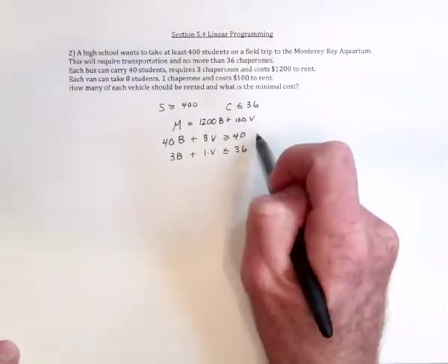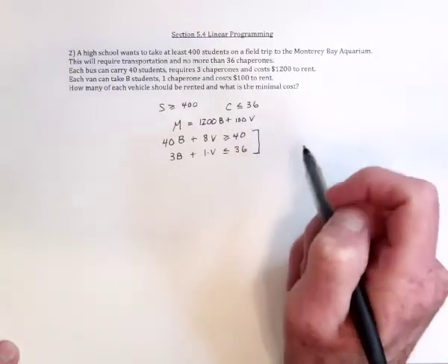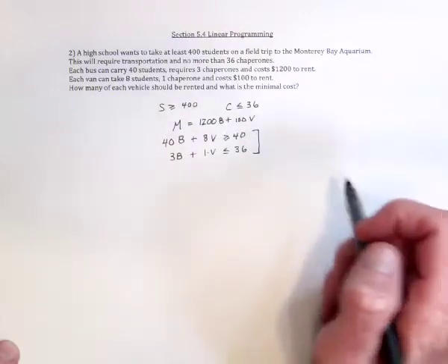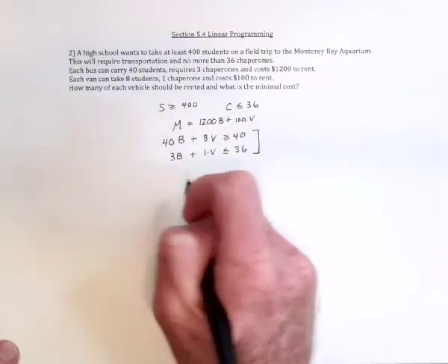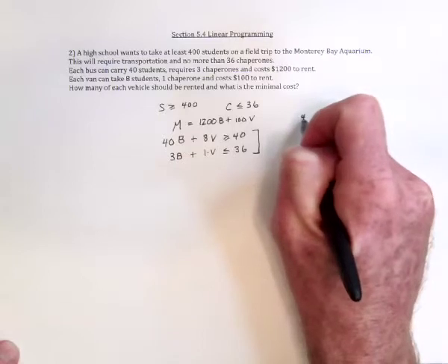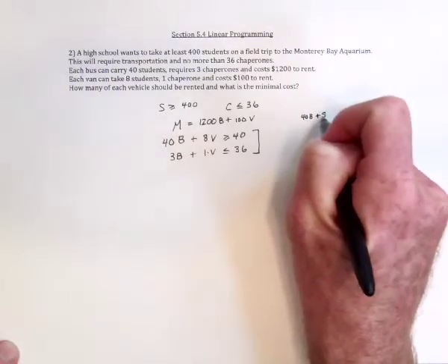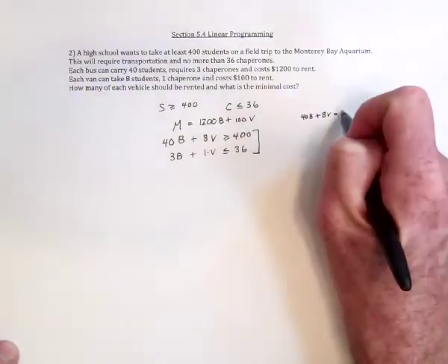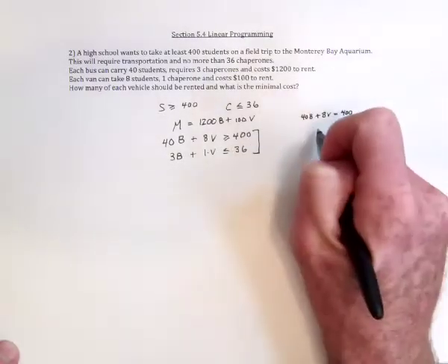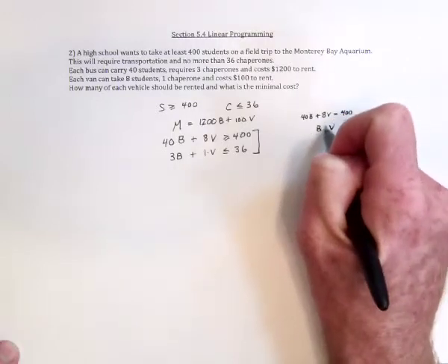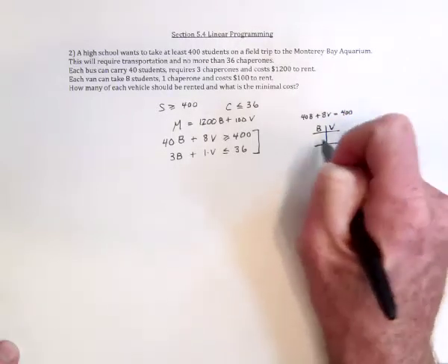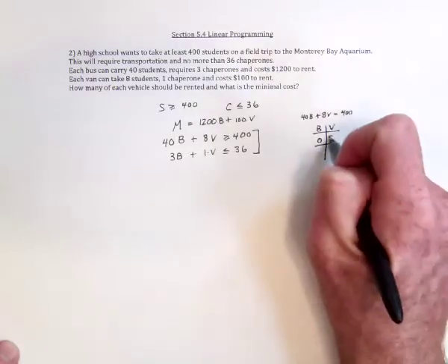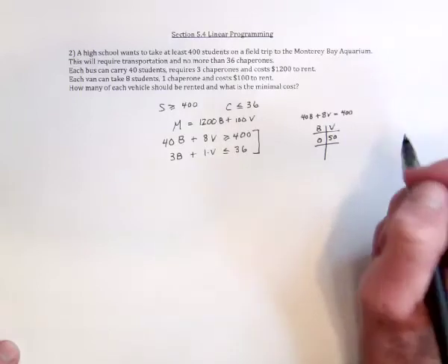So next we need to find out what this region is, and then find the corners of the region, and we'll find out the minimum for the money. So I'm going to make a table of values for each of these. With 40B plus 8V equal to 400 students, if it was only vans that went, then it's going to require 50 vans.